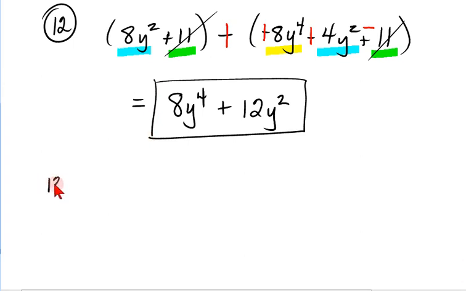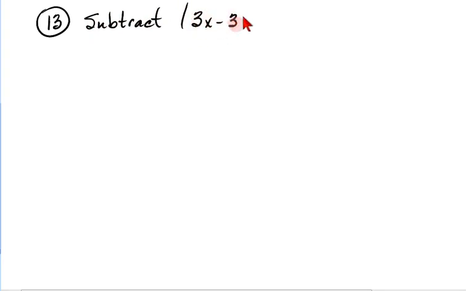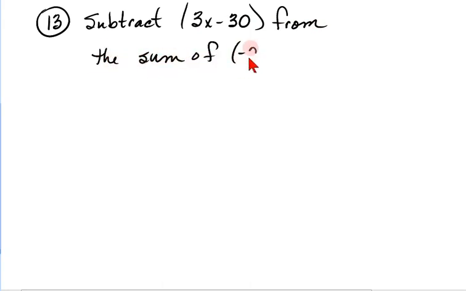All right, number 13. I'm going to go ahead and write it down, even though this is going to take a minute to get all this written down. It says, subtract 3x minus 30 from the sum of -2x plus 4 and 9x minus 14.